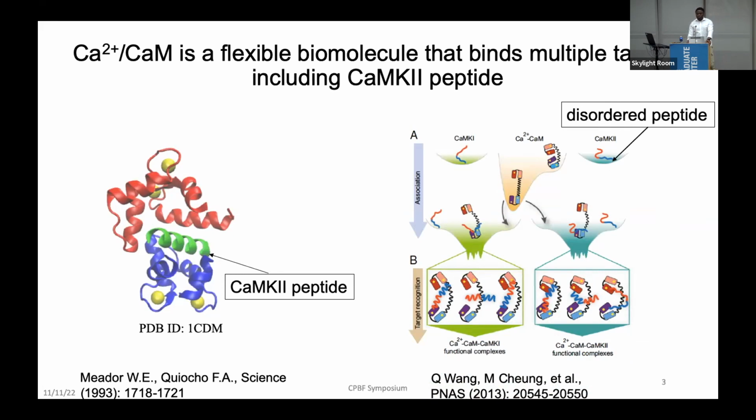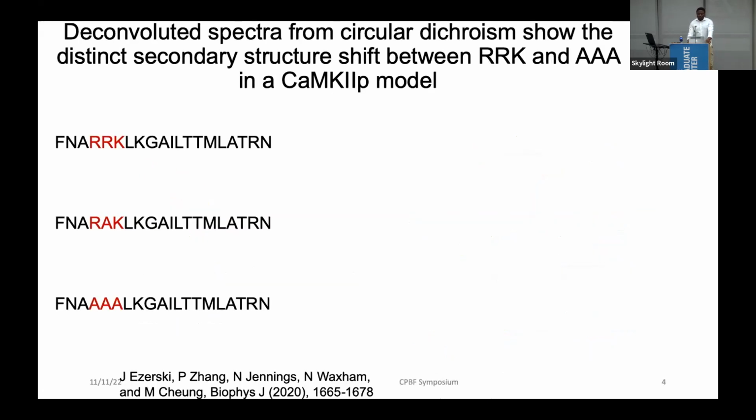In order to have a better understanding of this peptide in solution, a combined experiment based on circular dichroism and all-atomistic simulations were performed on a wild type peptide, known here as RRK, and its 1 amino acid mutation, RAK, and 3 amino acid mutation, AAA.